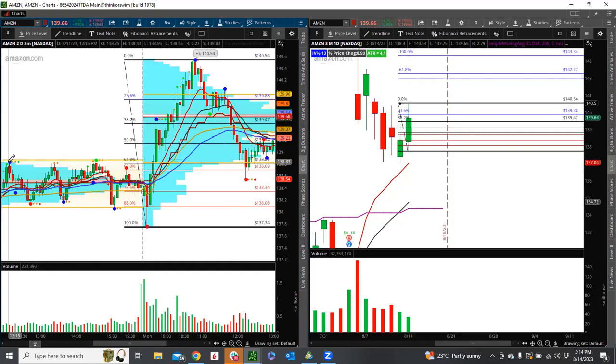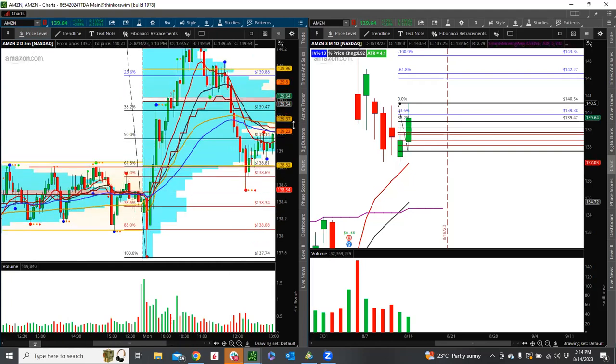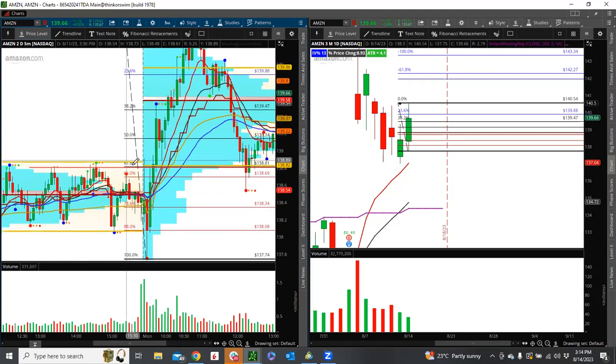I was looking at this point here and this point here, and I set up a limit buy right here. It was right on the 61.8, 138.81. I think I got filled at like 138.84.